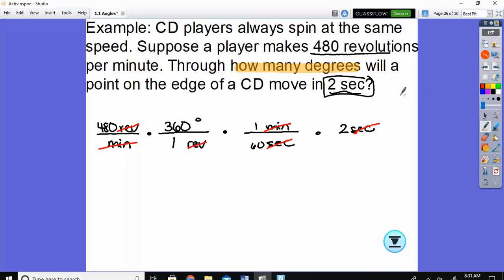I'm just multiplying it, and those seconds would cancel since it's on top and bottom. So now then you just have to do 480 times 360 times 2 and divide by bottom. 1 times 60 is 60. It's really sloppy. We get 5,760 degrees.